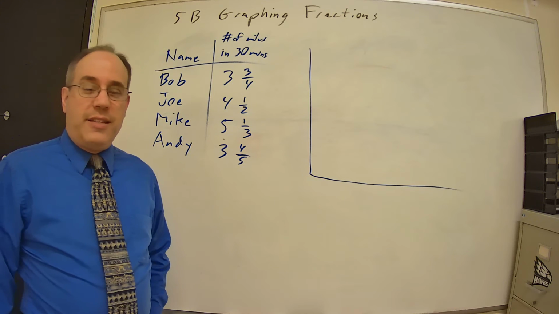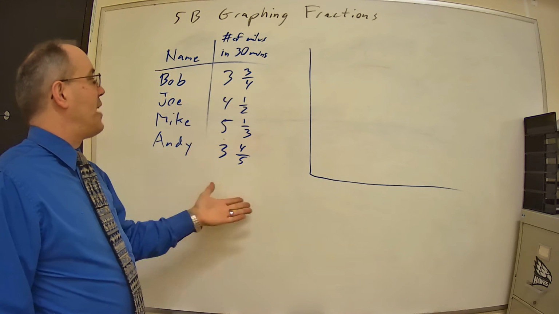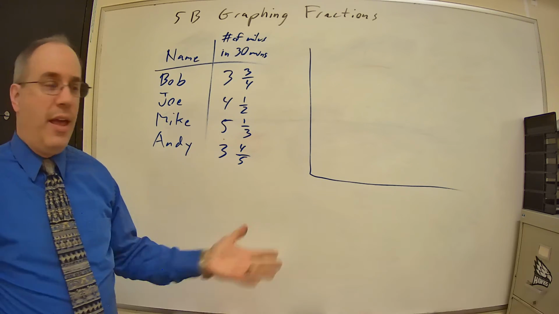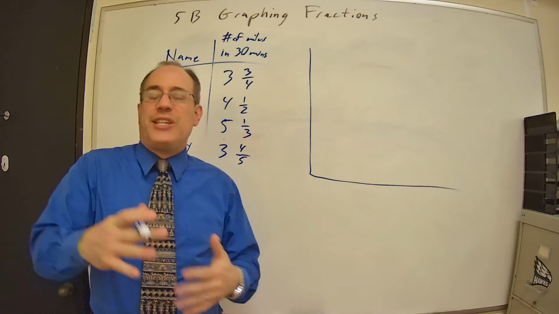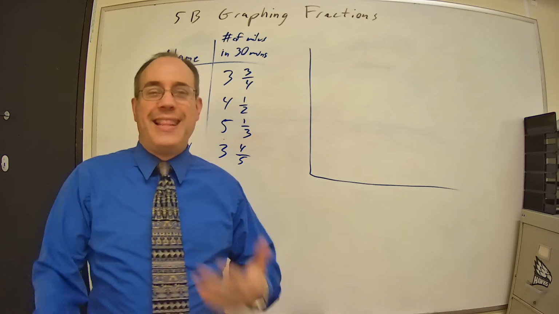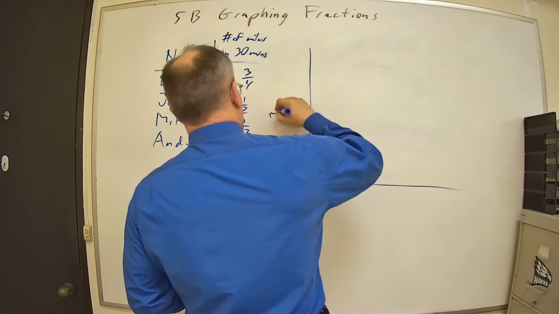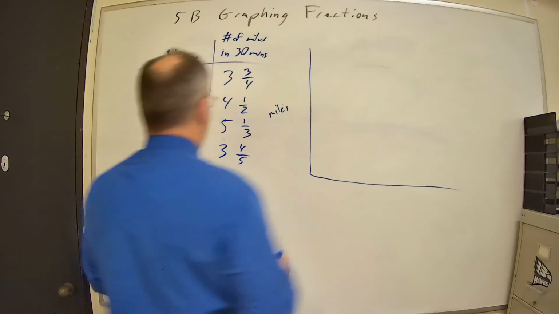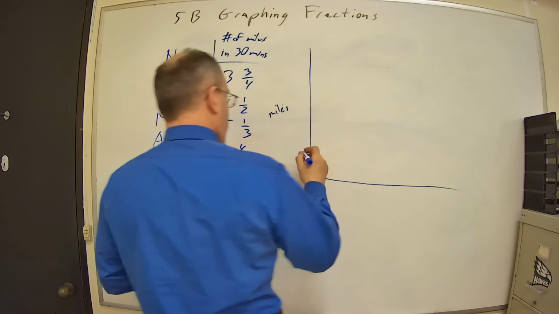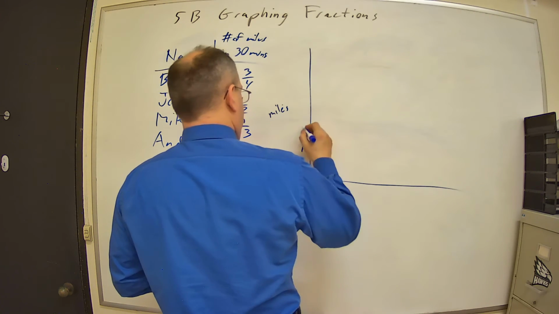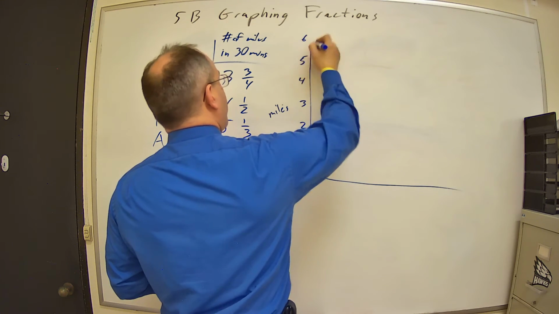Works exactly the same as it did when doing regular bar graphs, except now we've got these fractional parts to it, kind of like on the number line. That just means we're going to go this portion farther than the whole part. So we're going to have miles covered here, and we've got up to 5 miles and 1/3, so we're going to go 1, 2, 3, 4, 5, 6.